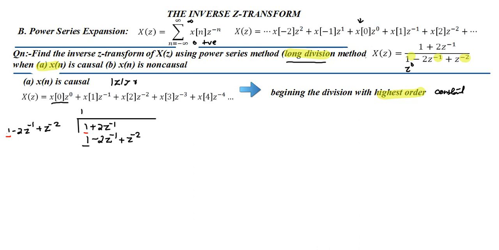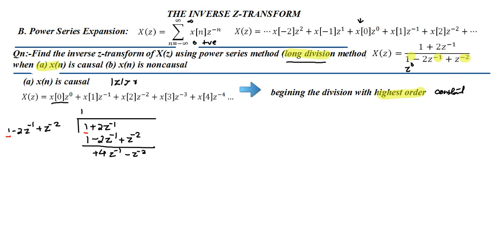We got one term. Now we need to subtract, and you will get 4z raised to minus 1 minus z raised to minus 2.